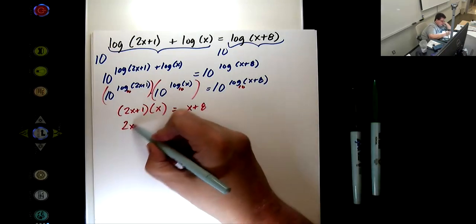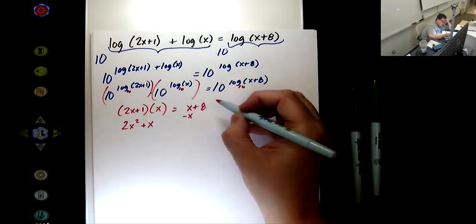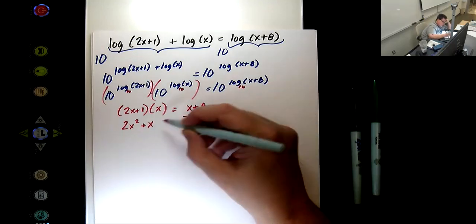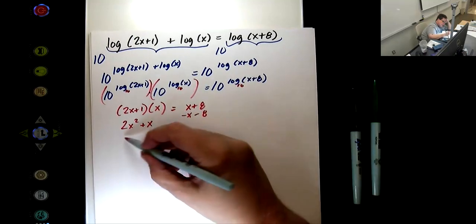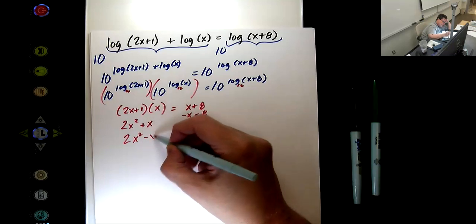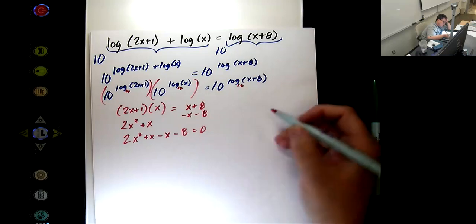So I'm going to distribute here. And I'm going to subtract this stuff over. So we have 2x squared plus x minus 8 equals 0.